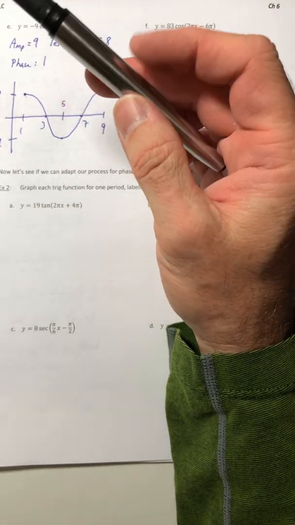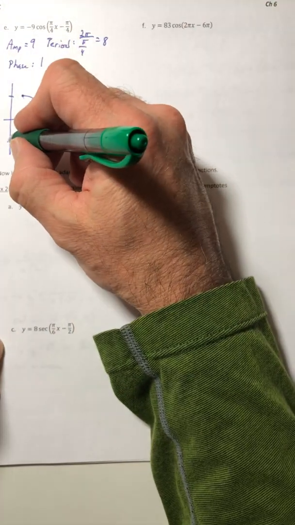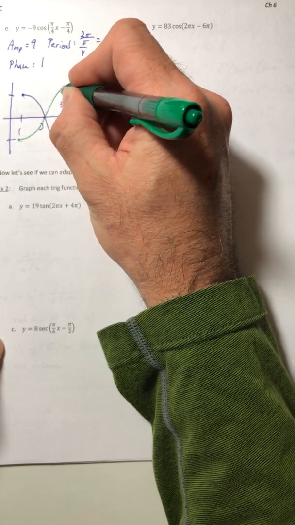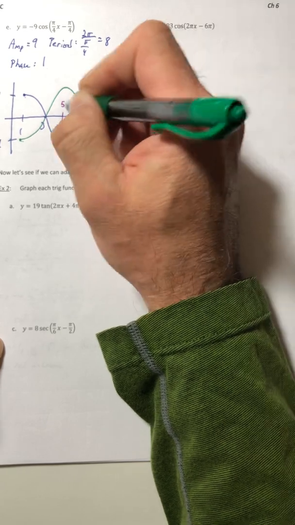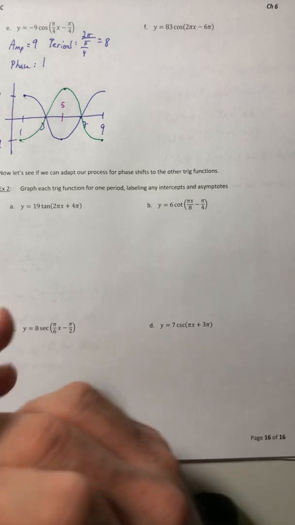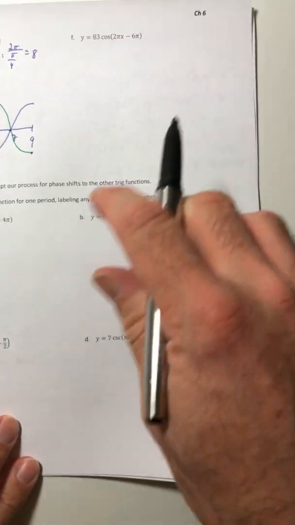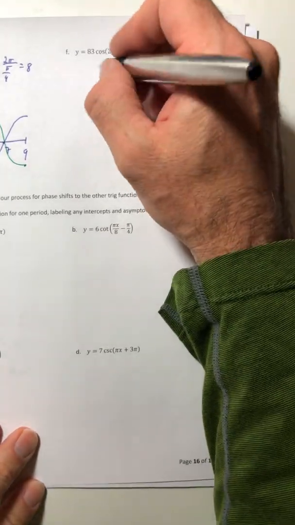It should have been drawn upside down. So like that. So the correct curve is the green curve, not the blue one. I know, tricky.